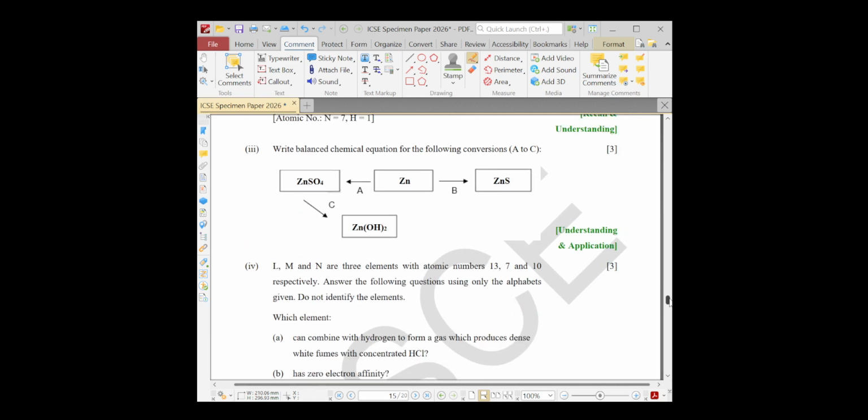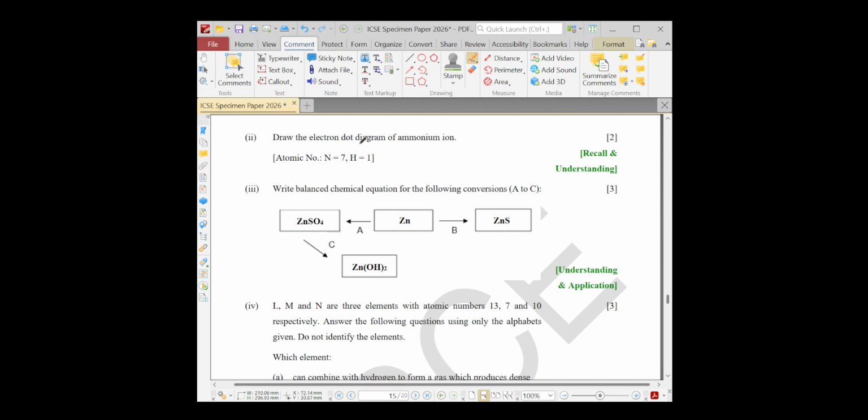Next we come to the second part. It says you have to draw the electron dot diagram of the ammonium ion. Ammonium is NH4 with a positive charge. Here you have ammonia which is added with a proton to give ammonium. Nitrogen has atomic number 7, so 2, 5.